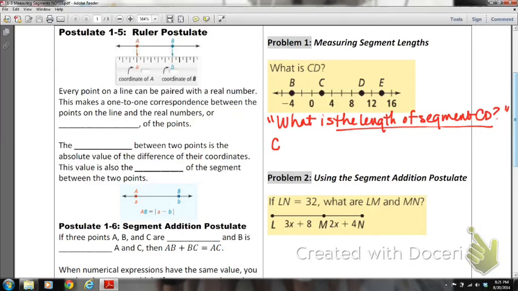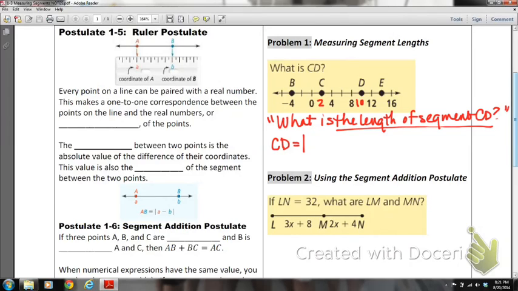So the length of segment CD, we'll put 2 letters together with no segment symbol over the top of them. That indicates the length of segment CD. We're going to use the ruler postulate and see what values are associated with C and D. C is associated with the real number 2, and D with the real number coordinate 10.